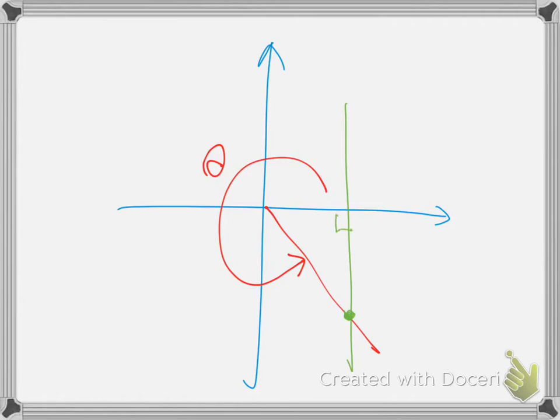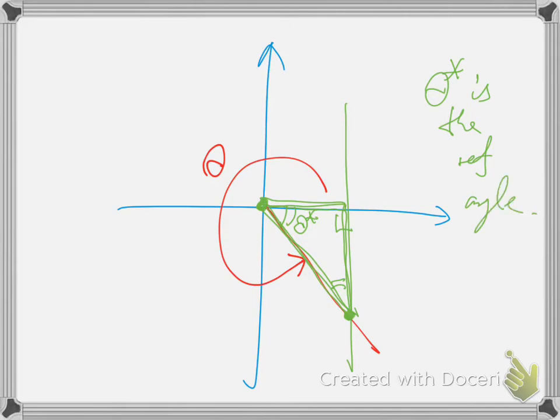Then you can make a right triangle, the green one. And then we have two acute angles. So this is the origin. So this is theta star. So the acute angle with vertex at the origin is the reference angle. So theta star is the reference angle.